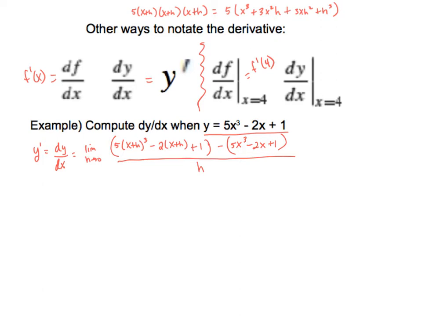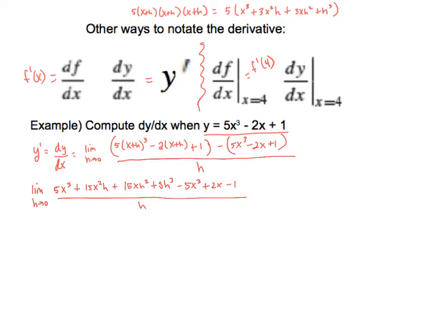So that will give us the limit as h approaches 0 of 5x cubed plus 15x squared h plus 15xh squared plus 5h cubed minus 5x cubed plus 2x minus 1, all divided by h. So looking to see what's going to cancel out for us.